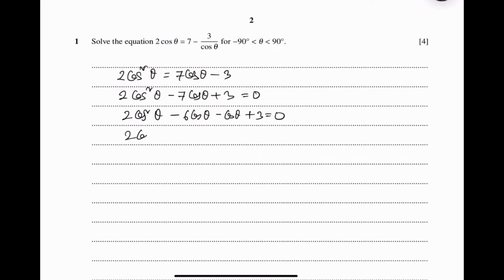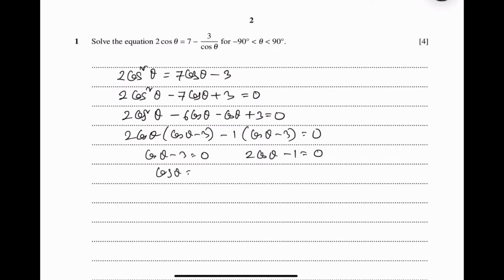So 2 cos theta will be common, so cos theta minus 3, then one will be common, cos theta minus 3 equals 0. Then 2 cos theta minus 1 equals 0. So cos theta equals 3, then cos theta equals half.